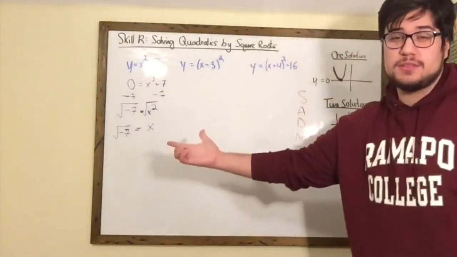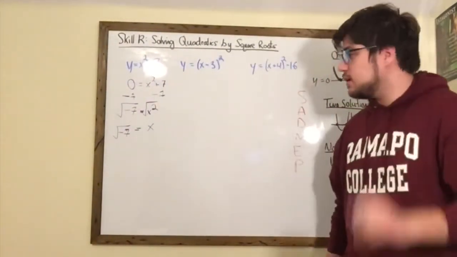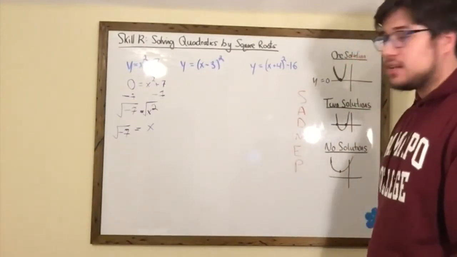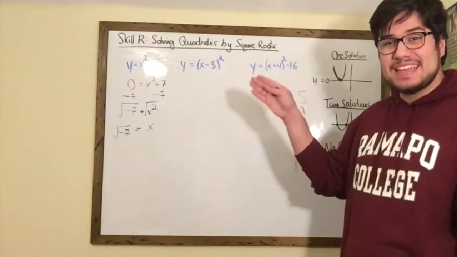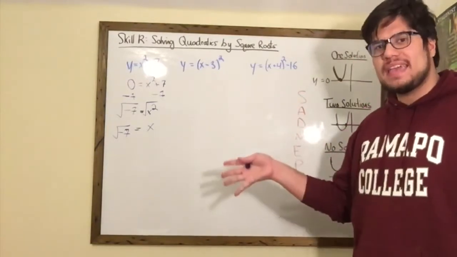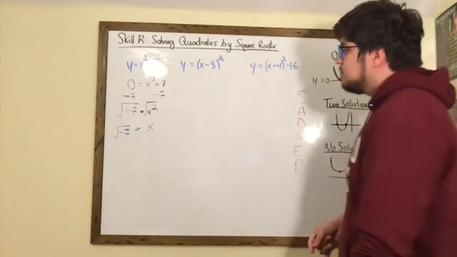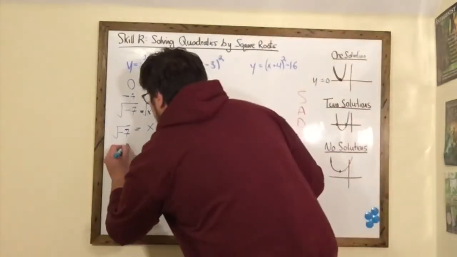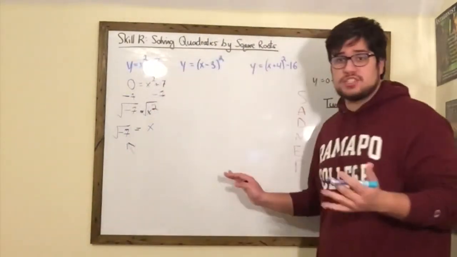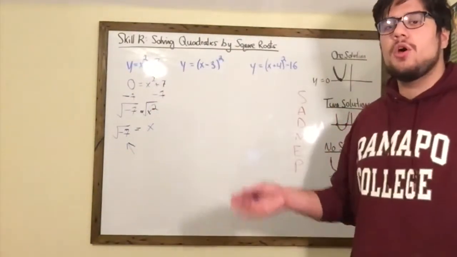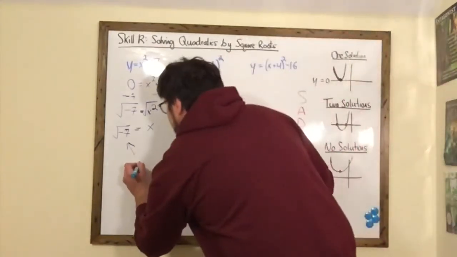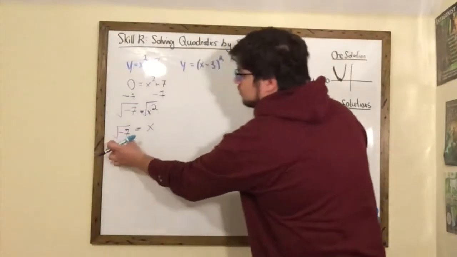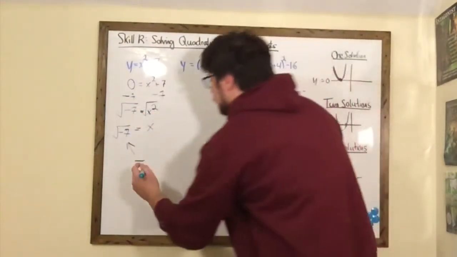I don't know what that is, but we should remember this from Algebra 1. And for those of us who took Algebra 2, right, negative 7, I cannot square root that. Why can't I square root that? Reason being is because I have to know what the square root actually means. Square root means what number times itself will give me the number in the little square root.